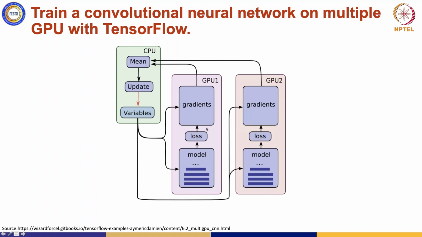So the CPU does certain specific portions which are not effectively done by a GPU, because a GPU is a compute hungry type of processing element. You have to give it a lot of computations. You cannot depend on data intensive or IO intensive applications to be effectively run on a GPU.